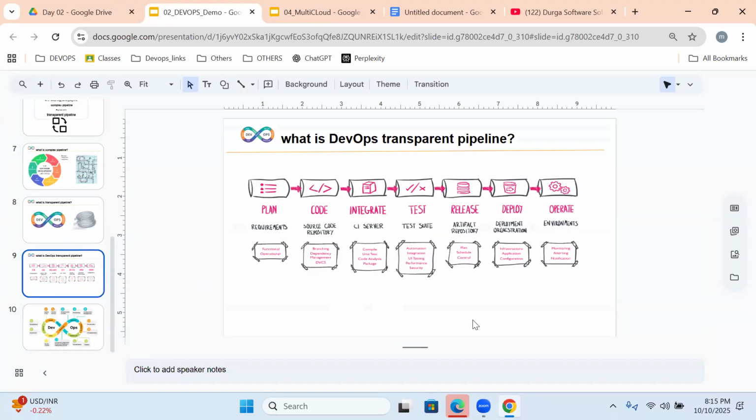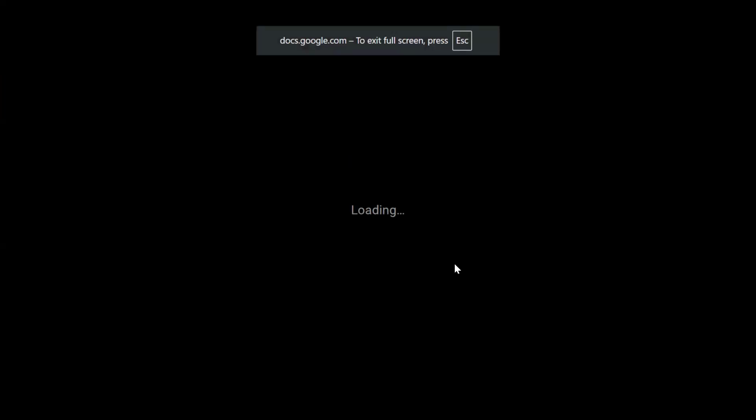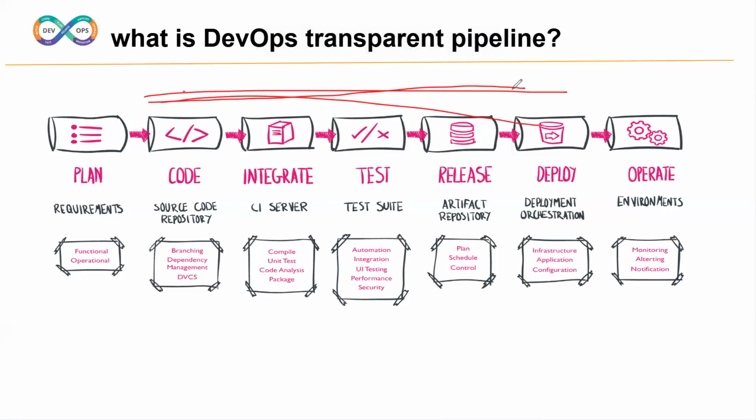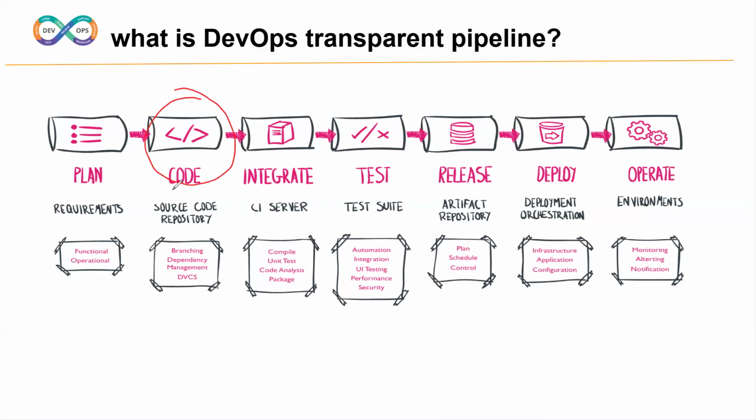DevOps is an automated process. DevOps is an automated, transparent pipeline from the dev environment to operations.